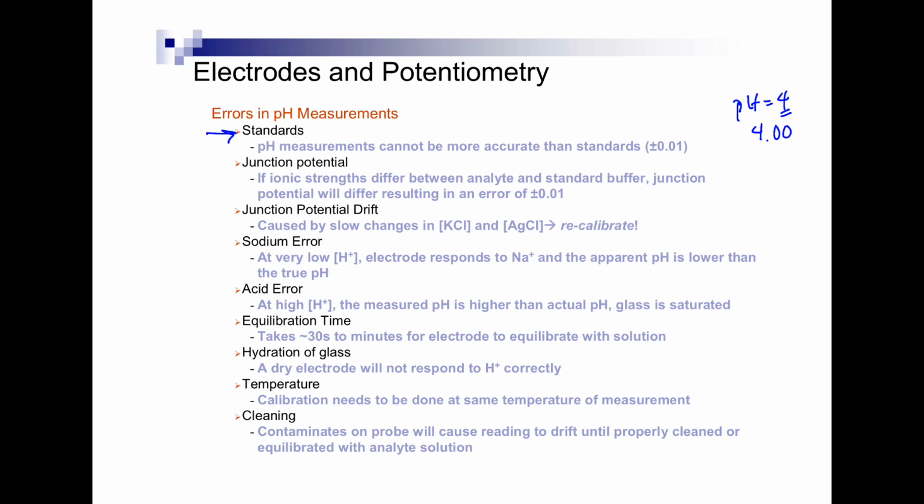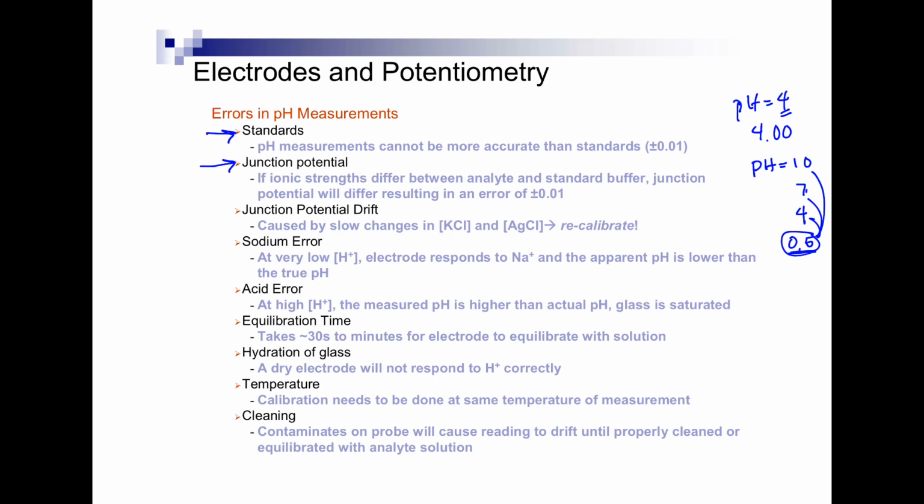The next one also has to do with standards, but it's the idea of the junction potential difference between your standards and your analytes. When you use standards that are something like pH 10, 7, and 4, and then you measure your unknown and it's something like 0.5, the ionic strength of this solution is quite different from any of those. What that leads to is a junction potential difference between measuring this solution and measuring your actual standards.